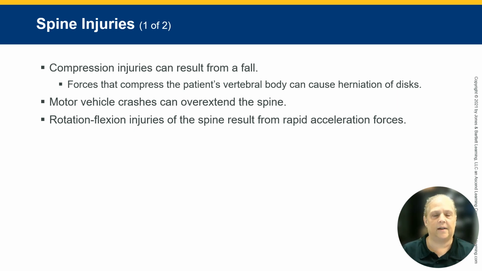We can also have rotation flexion injuries from rapid acceleration forces. With those compression injuries from a fall, it can also be a direct blow to the top of the head that can cause that compression injury also.